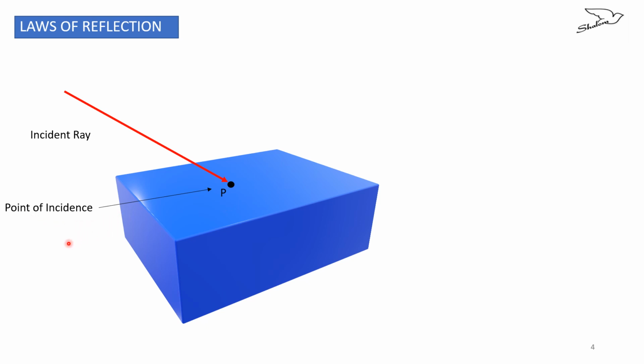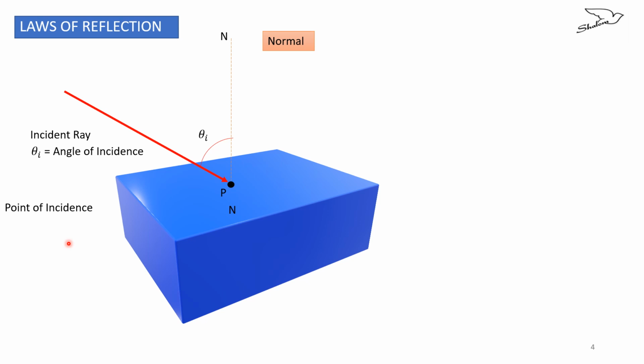Now suppose we draw a line from this point of incidence perpendicular to the polished surface. We denote it by NN and it is called the normal. The incident ray makes some angle with the normal, denoted by theta i. Theta i is called the angle of incidence.